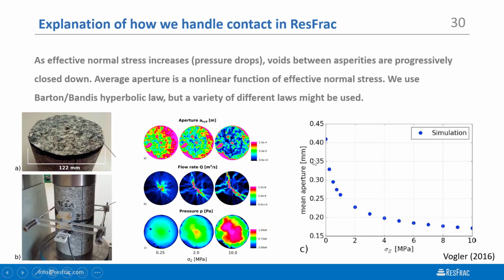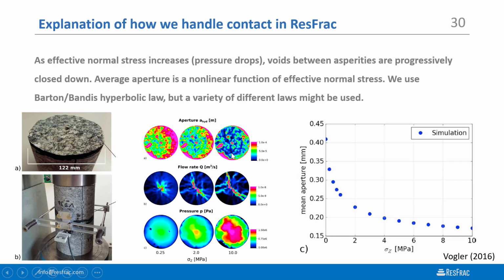So in ResFrac, in the numerical modeling that I will show in this talk and in my papers, we don't try to literally represent every single little bit of roughness on a fracture. That's fantastic if you're doing work like Vogler's doing here. But if we're trying to do a field scale simulation of a large fracture, that's not going to be practical. So we talk about average aperture, and we assume that when the fracture walls contact, that occurs when the normal stress equals the pore pressure.